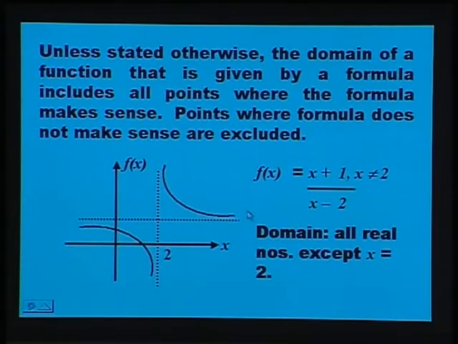And in that domain, f(x) is continuous. During the evaluation, we will consider only values of x within that domain. That is, we will not evaluate f(x) when x equal to 2 because it is not defined.